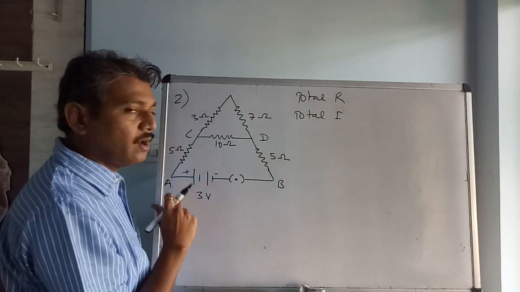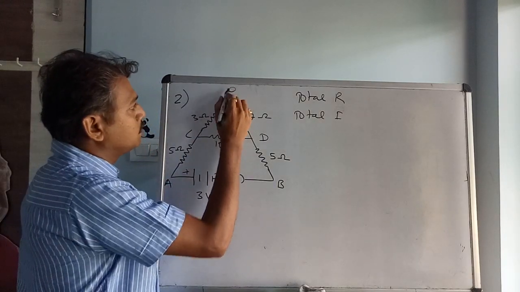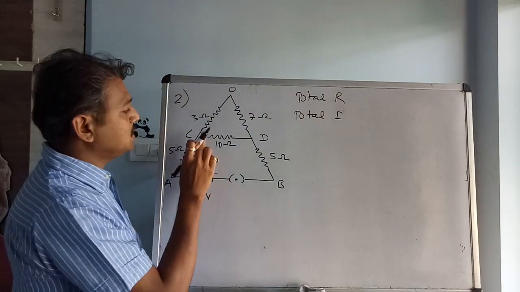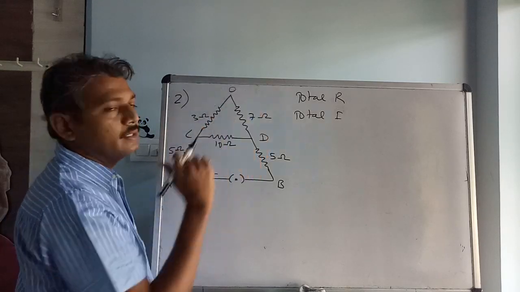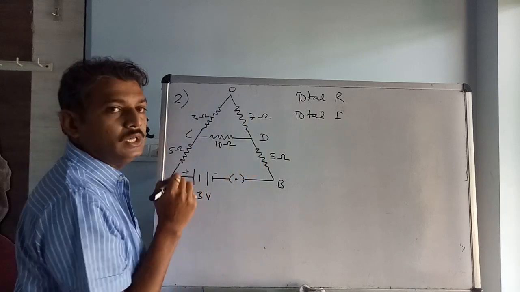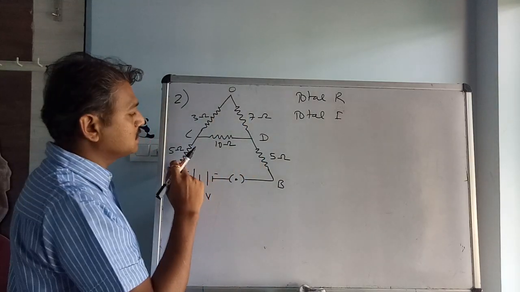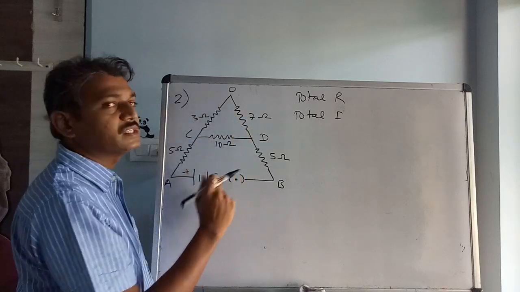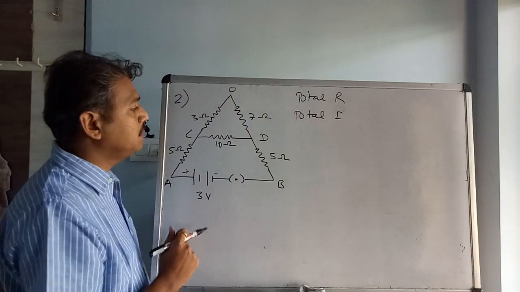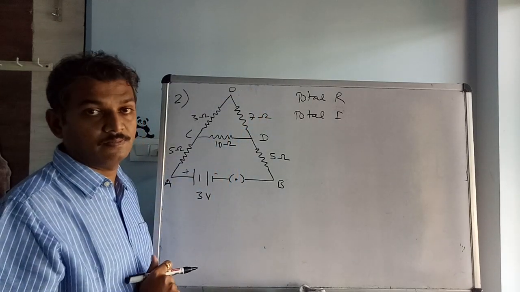If I name this point as O, you can see CO and OD. If the wire is broken anywhere in C-O-D, then the current will not flow from that side. It means these two are in series with each other.